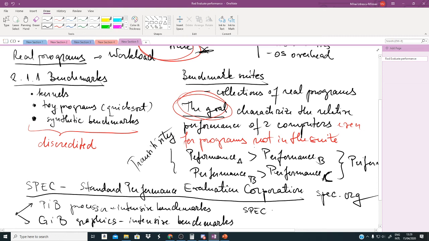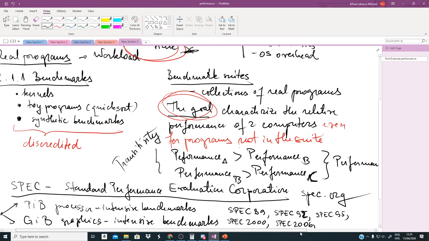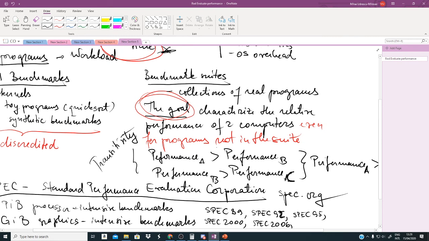Since 1989, so we have SPEC 89, SPEC 92 rather, the second was SPEC 92, then SPEC 95, then SPEC 2000, then SPEC 2006, and the latest one after a big gap is SPEC 2017.